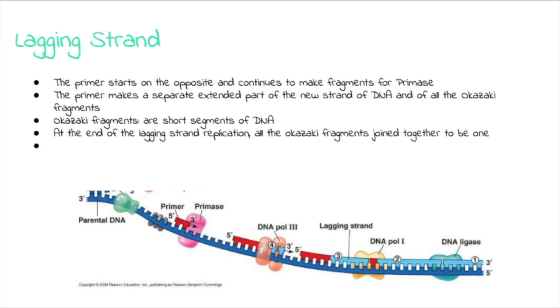So basically the primer makes the extended part of the Okazaki fragment in order to keep the complementary base pairings continuing. The Okazaki fragments are short segments of DNA, and once DNA replication is finished, all the Okazaki fragments join together to be one strand of DNA.